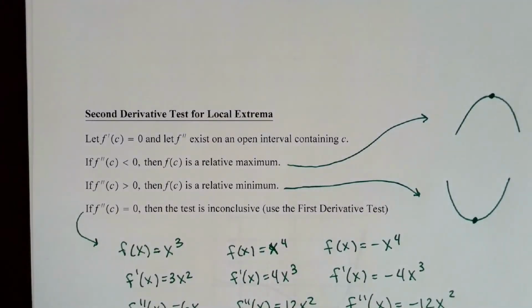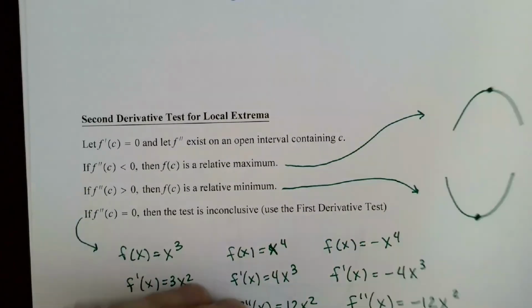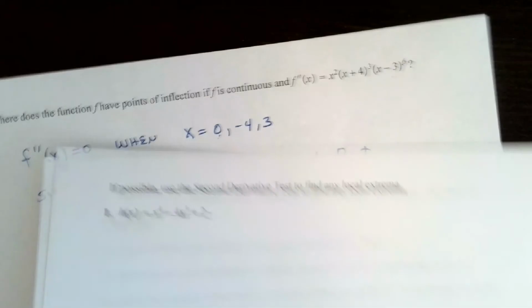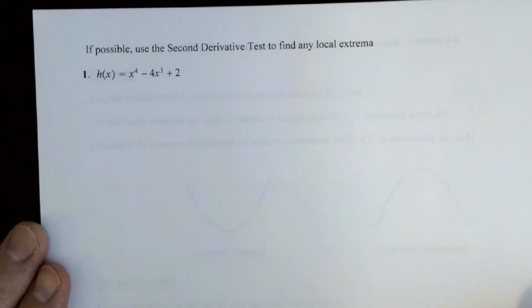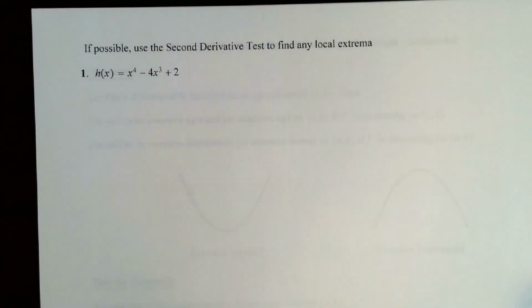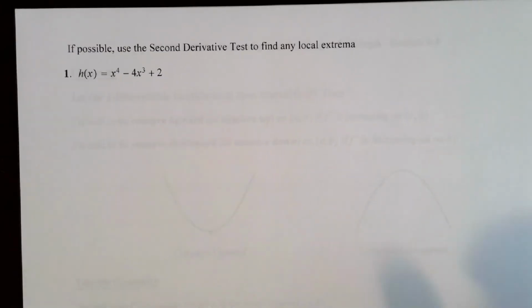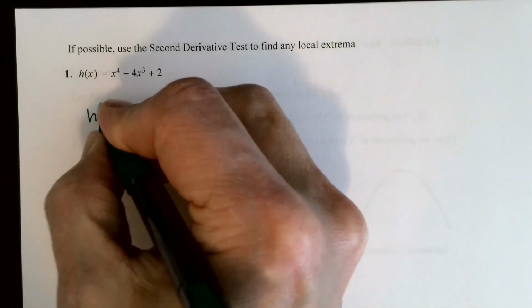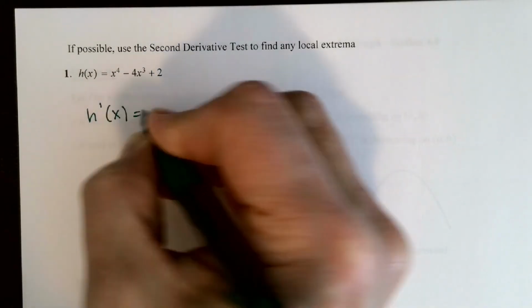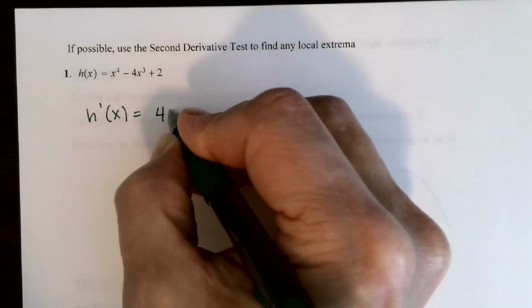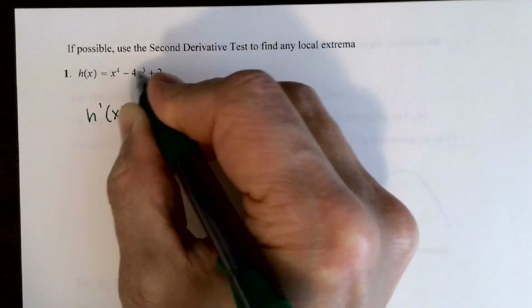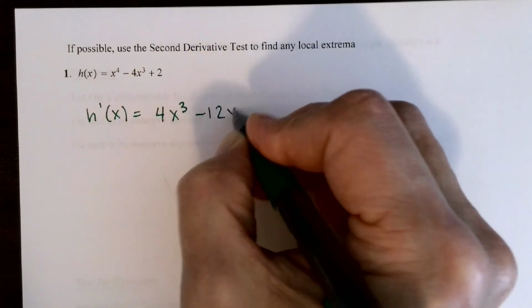All right, let's take a look at using the second derivative test then. One thing nice about the second derivative test, we don't have to do a sign check. We just evaluate. We do have to find out where the first derivative is 0, so of course we need the first derivative. 3 times 4 is 12.